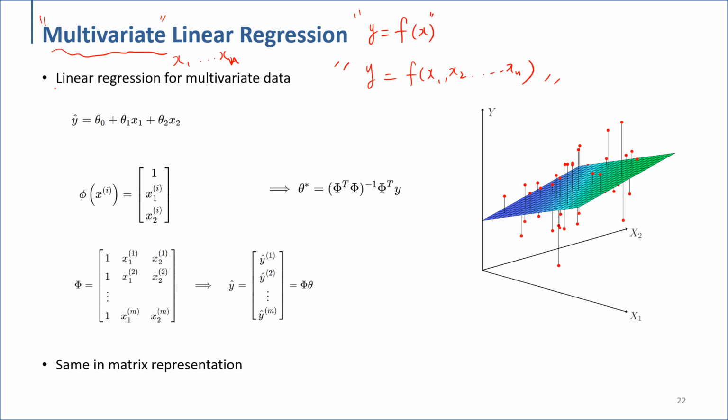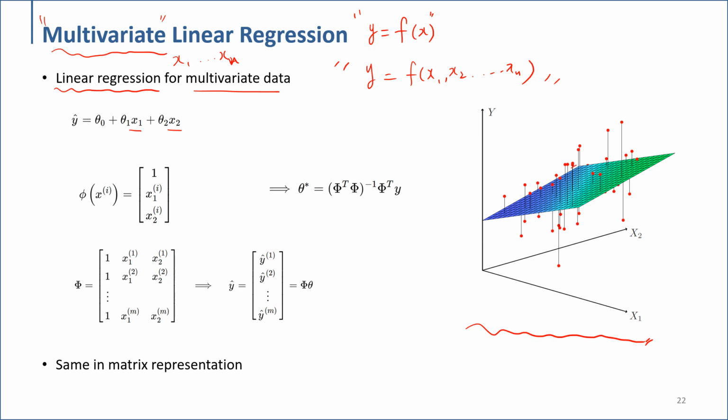So let's consider a linear regression for multivariate data. And for that, let's consider the simple case where we have two variates, x1 and x2. From a geometrical view, we can consider it like this.